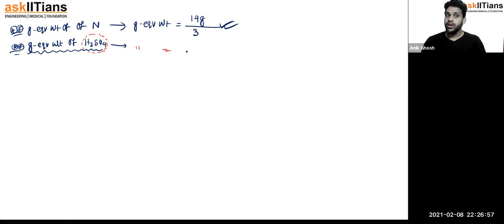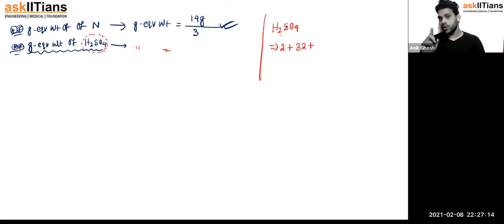For H2SO4, let's find that out. It would be hydrogen 2, sulfur 32. There are 2 hydrogens, so I'm writing 2 directly, right?